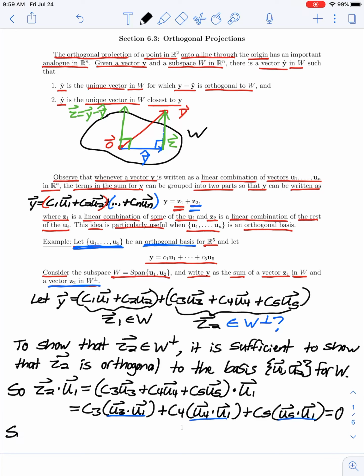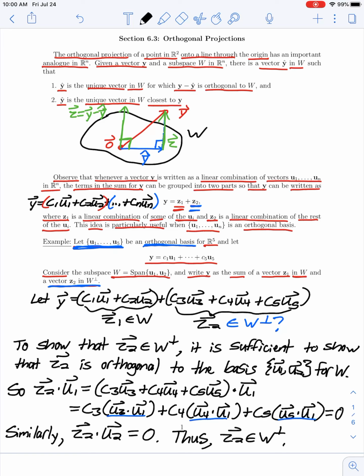And similarly, if we consider the dot product of z2 with u2, since u2 is orthogonal to u3, u4, and u5, we would again have a 0 value for this dot product. And so our vector z2 lies in the orthogonal complement of W.